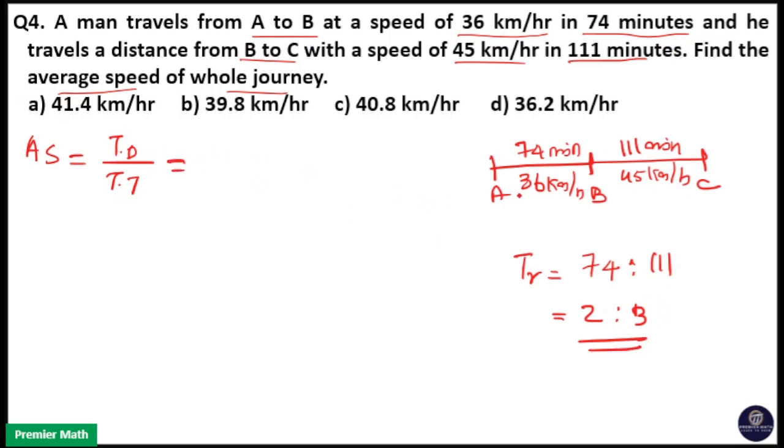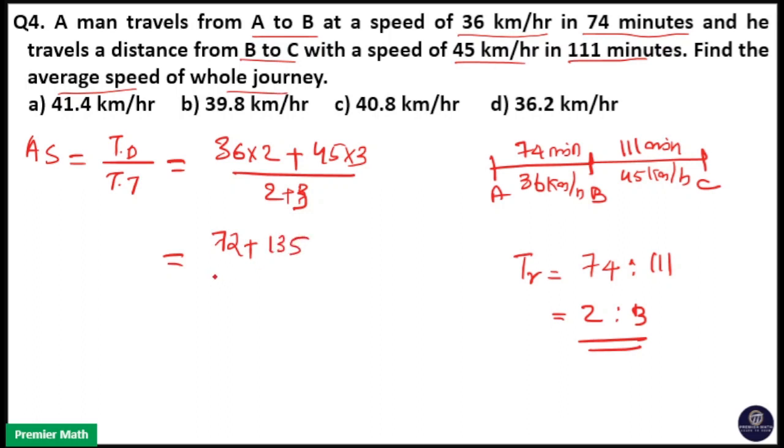So total distance is equal to 36 into 2 parts plus 45 into 3 parts, divided by total time, 2 plus 3. So that is equal to 36 into 2 is 72 plus 45 into 3 is 135, divided by 2 plus 3, 5.